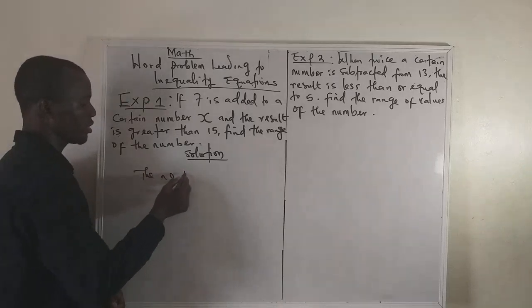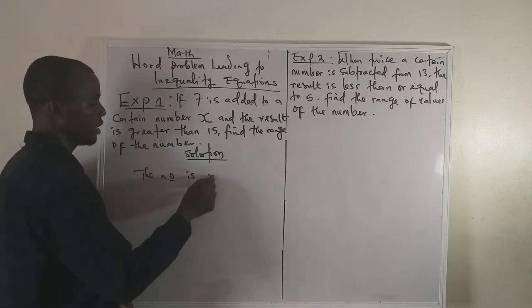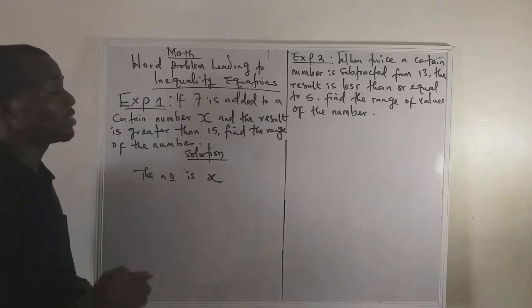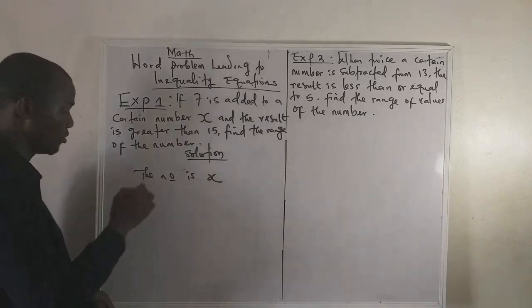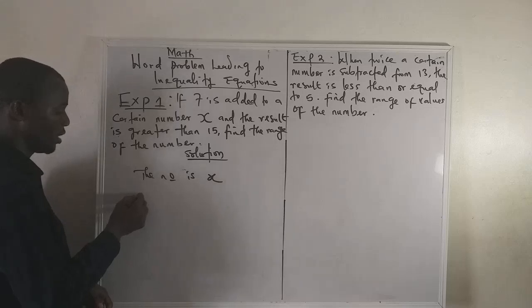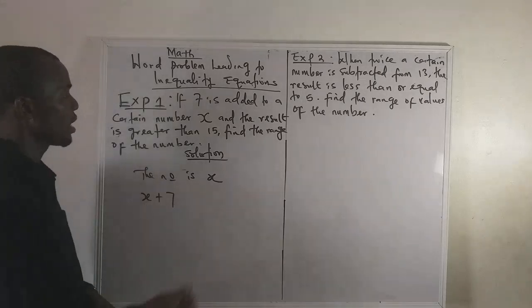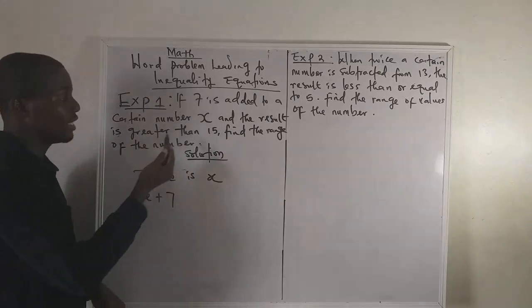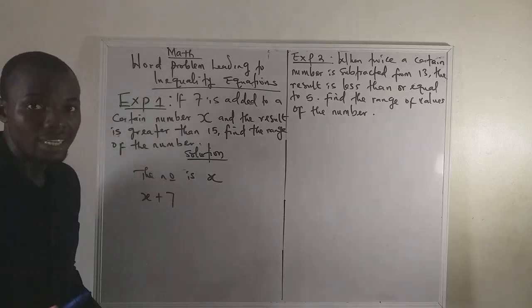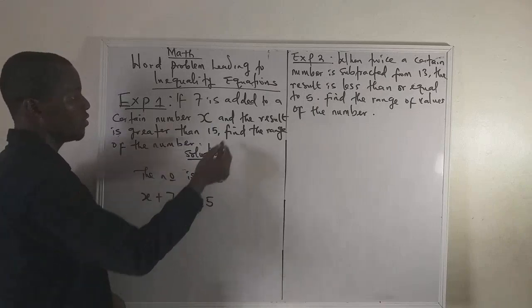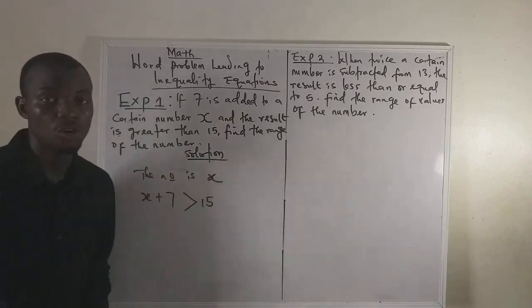The first statement says 7 is added to the number x, and the result is greater than 15. Find the range of the number.